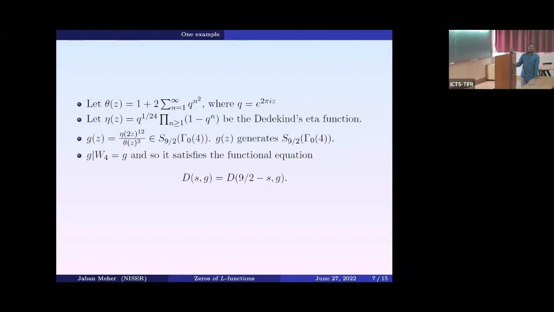So g|W4 is g, and it satisfies this functional equation, because if you look back, the functional equation was with g|W4, and in this case this is g, so we get this.